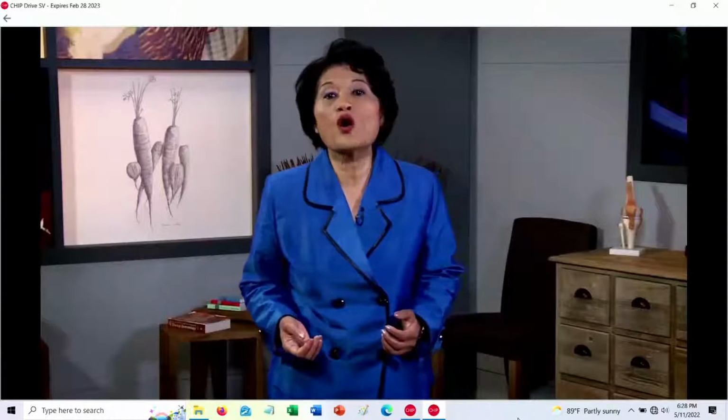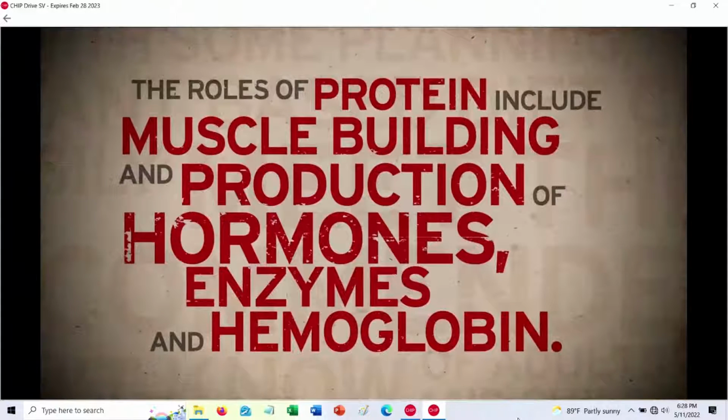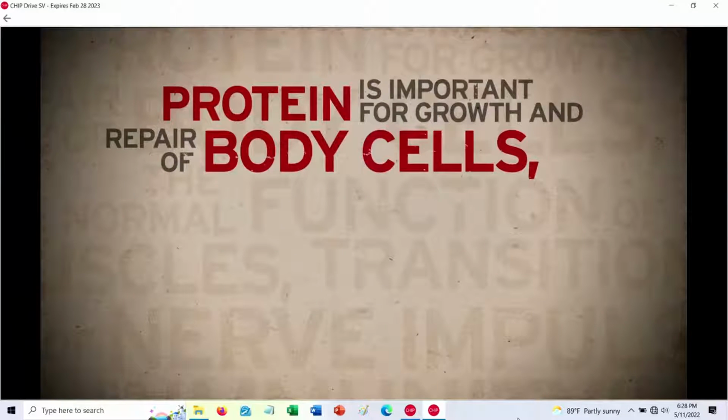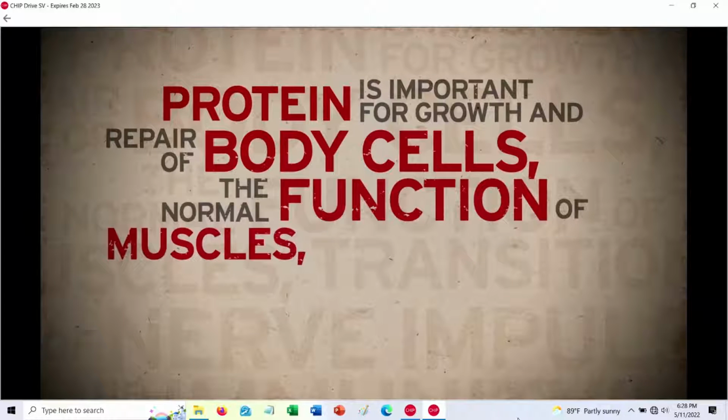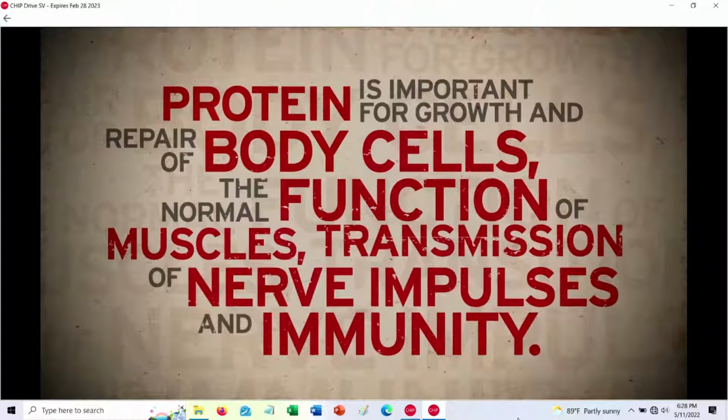What is the role of protein? Proteins are a major structural component of muscle and other body tissues and are used to produce hormones, enzymes, and hemoglobin. An adequate dietary intake of protein is important for so many things, including growth and repair of body cells, the normal function of muscles, transmission of nerve impulses, and immunity.